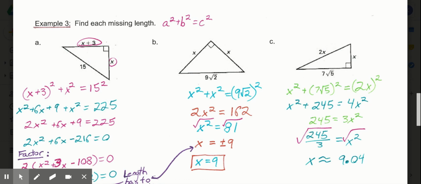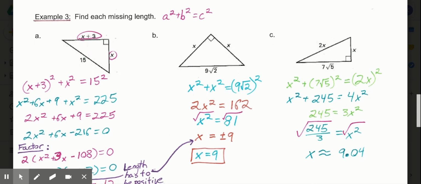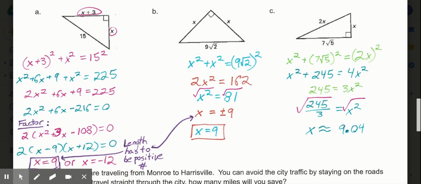So our setup, x squared plus x squared equals 9 square root of 2 squared. Then 2x squared equals 162. Divide each side by 2. X squared equals 81. Square root each side, and x would be a positive or negative 9. But again, because we're talking about distance, x has to just be a positive 9.